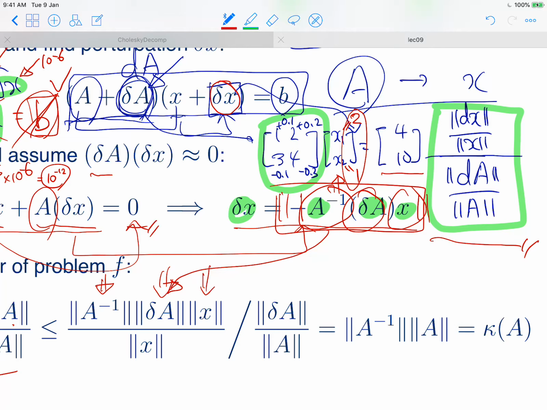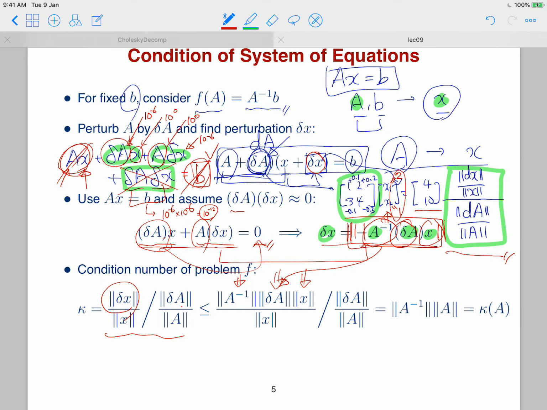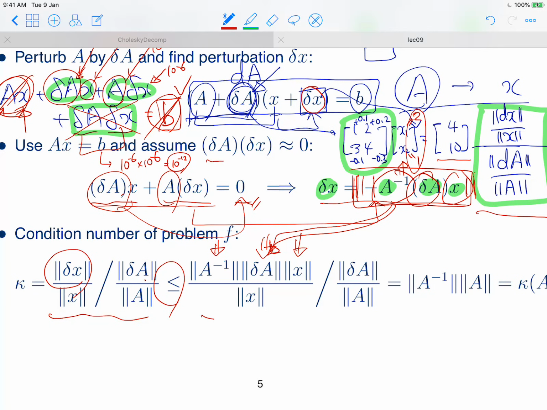We have these three elements, we take the norm of each and multiply them, and that provides some upper bound of the norm of the whole product. Once we manipulate it into this form by introducing this inequality, we can conveniently cancel this out. And so finally we obtain this.